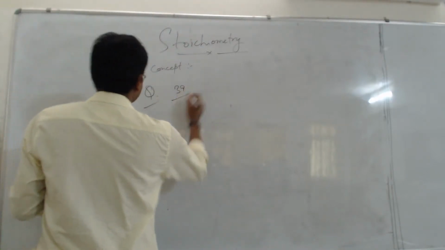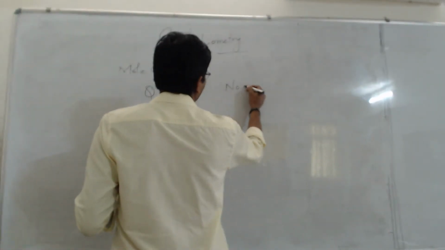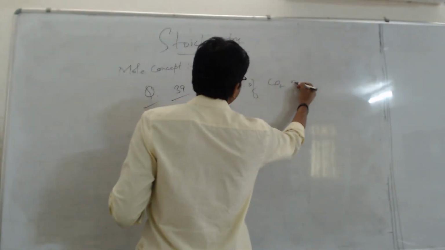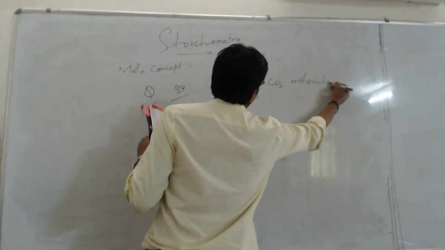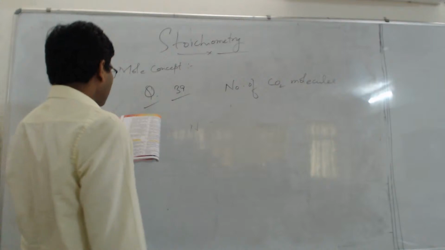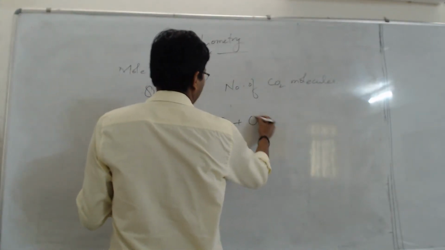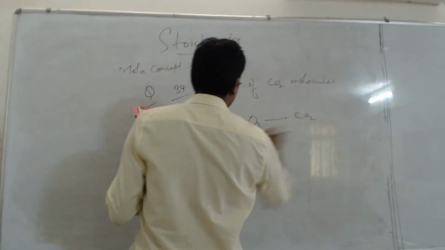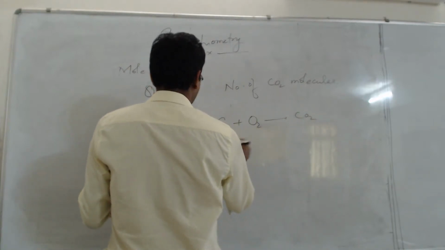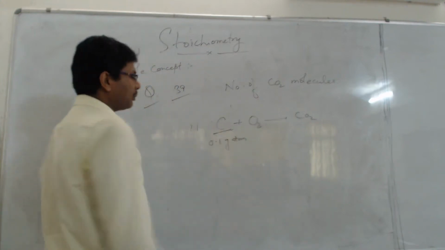Question number 39. The number of molecules of CO2 liberated when there is complete combustion of 0.1 gram atom of carbon. Graphite reacts with oxygen to give CO2. Suppose we take 1 gram atom, 1 gram atom is 1 mole.